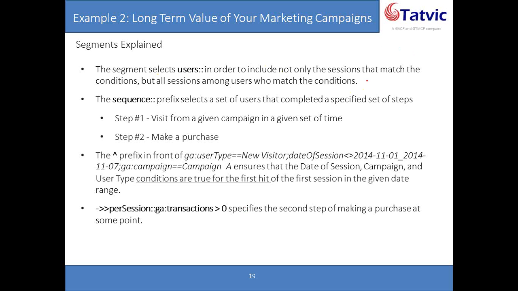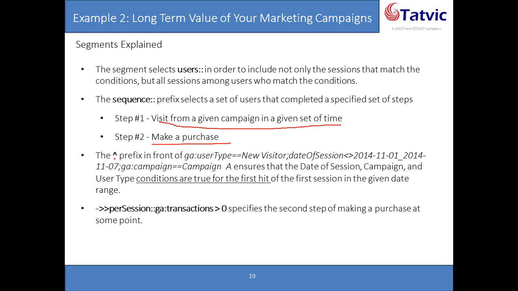So we're not including sessions that match the condition, but we're trying to get the users who match the condition. The sequence says it has to be a session from a given campaign in a given set of time, and it has to make a purchase, not in the same session, but after any duration of the data analysis.